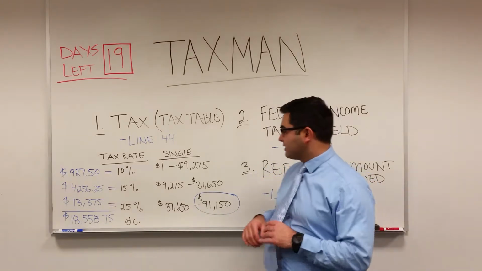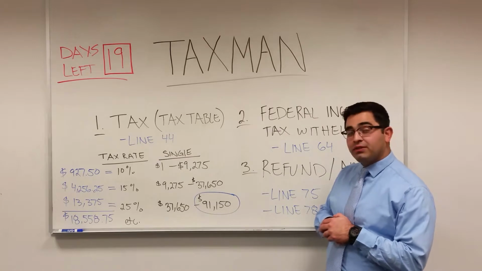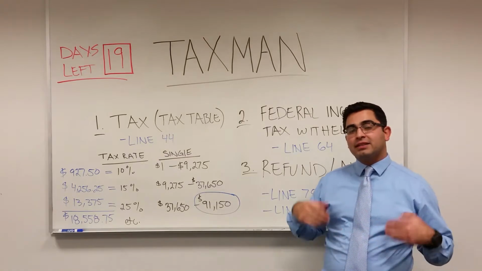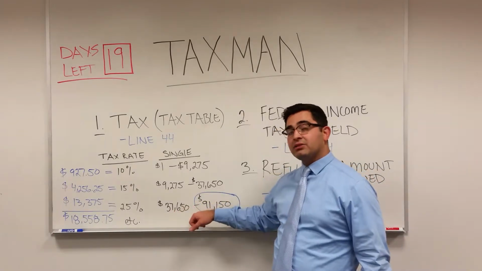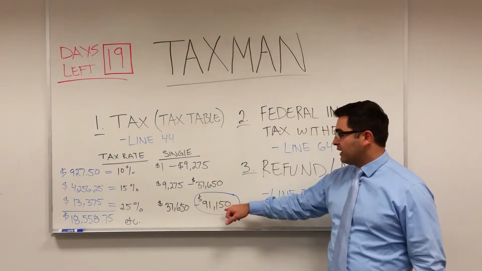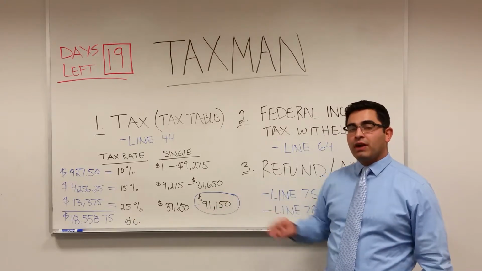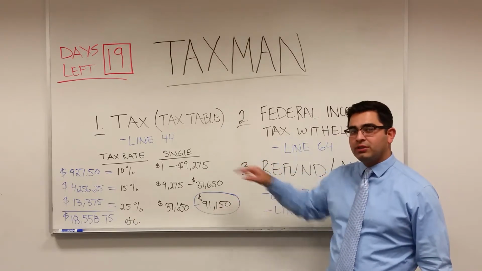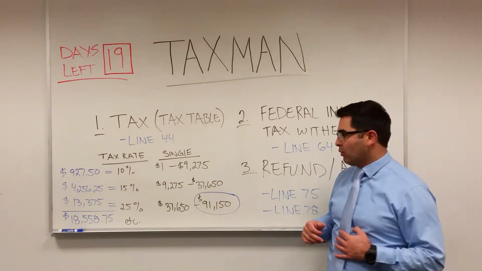$4,256.25. Next is the 25% tax rate, and the portion of his taxable income that is taxed at a 25% rate is the portion between $37,650 and $91,150. So $91,150 is the end of the 25% tax bracket for single individuals. We just selected this number to make the example somewhat straightforward.